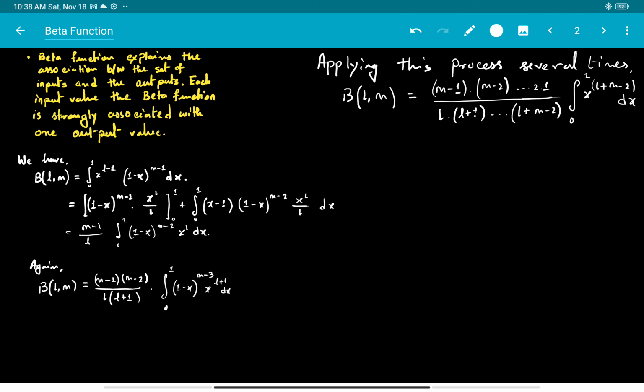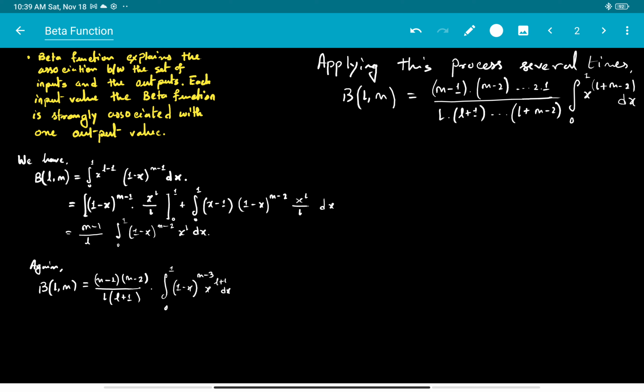This 1 minus x term, somewhere down the line, will vanish out, or rather it will be compressed out, and we'll be left with x to the power L plus m minus 2.